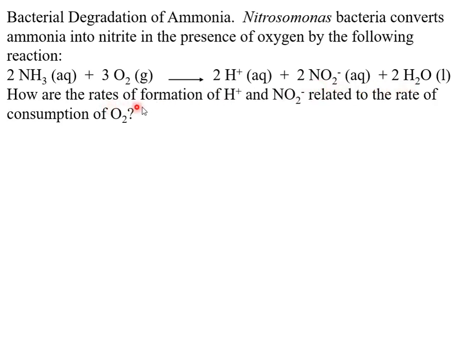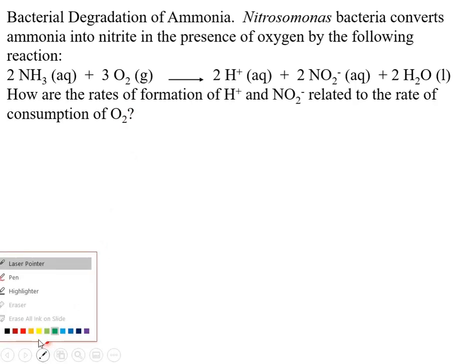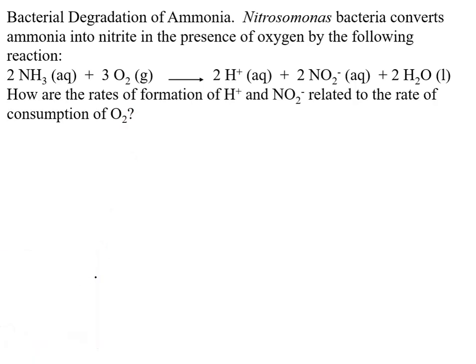So how is the rate of formation of H+ and NO2- related to the rate of oxygen? I can relate any reactant or product here. So I'm looking at this one, this one, and this one.